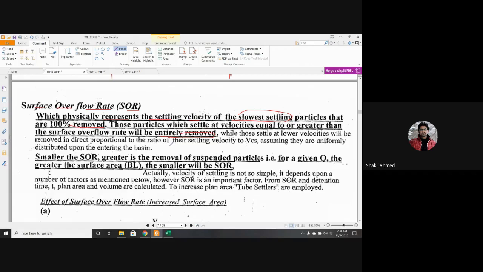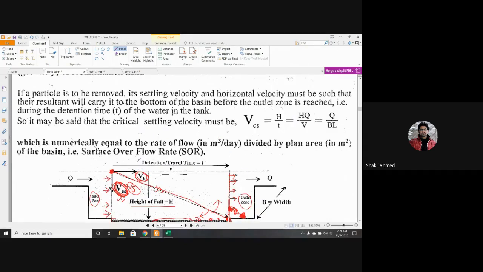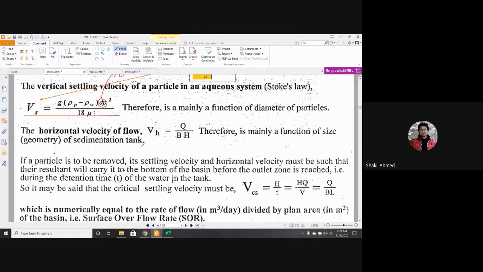If your settling velocity is greater than this critical settling velocity, then you're good. That means it will be removed. Clear?